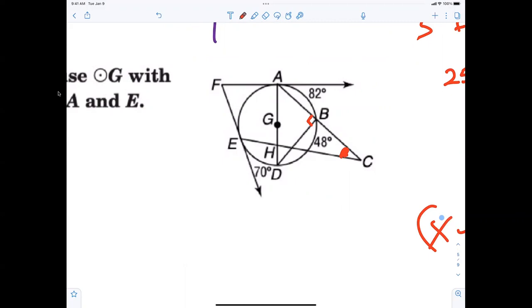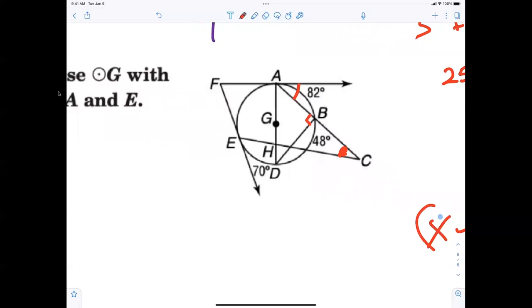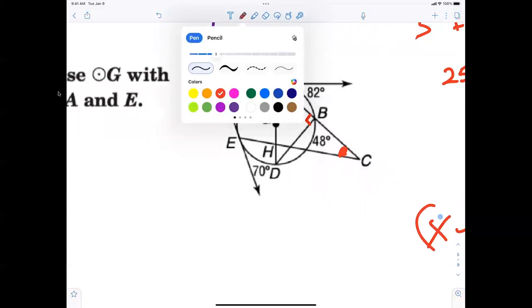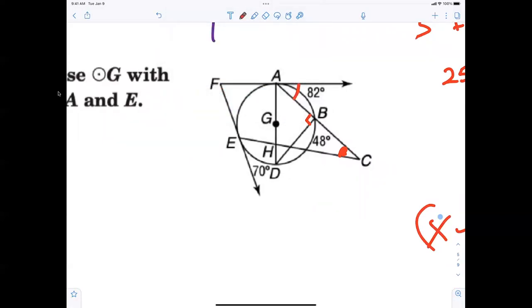Now, if this arc right here is 82 degrees, then let's look at this angle. This angle right here, from here to here, would be what? So we're okay with that being 41? That's half the arc. So that's 41 degrees.